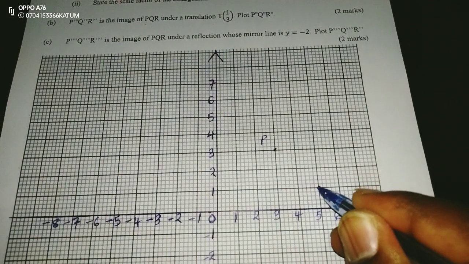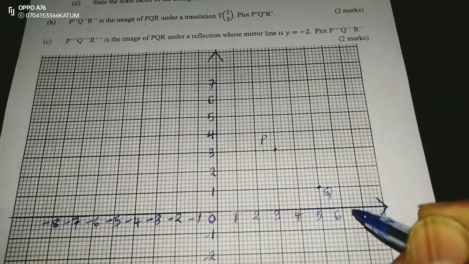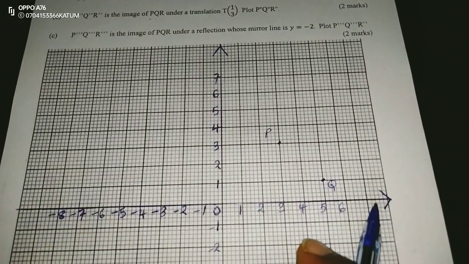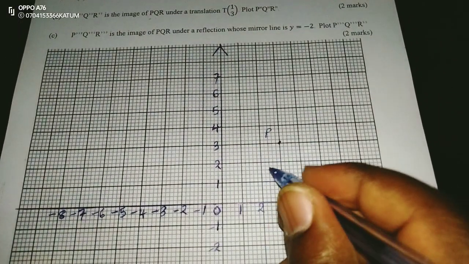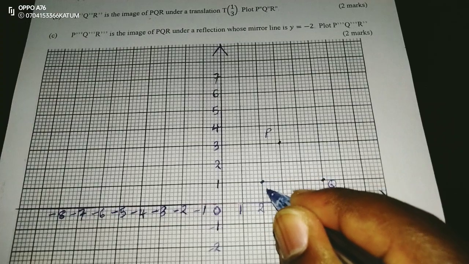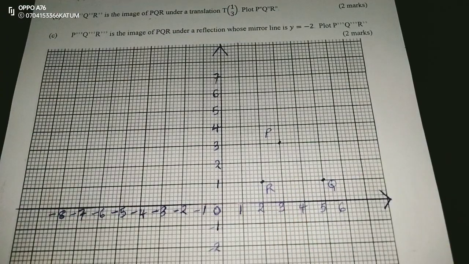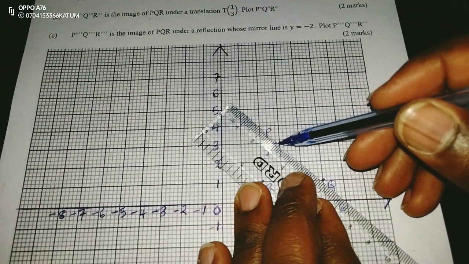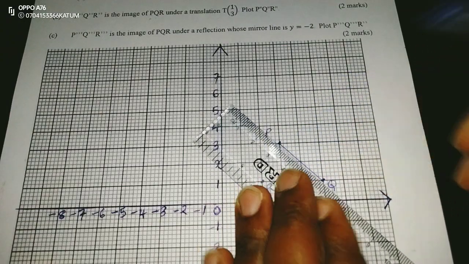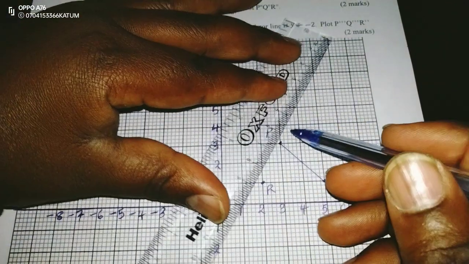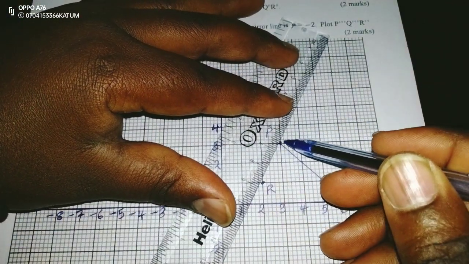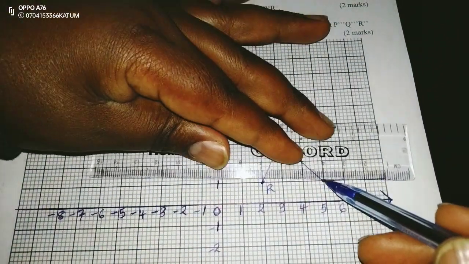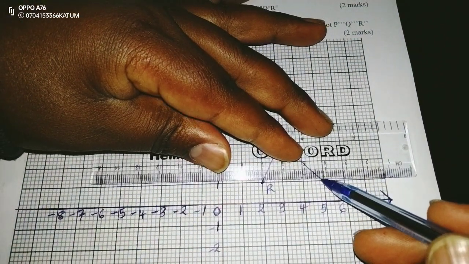R is (2,1). This is R. So let me complete the triangle PQR. So this is the object.